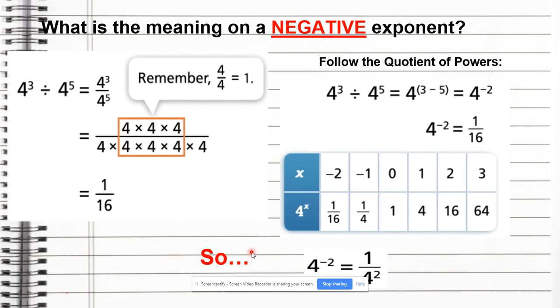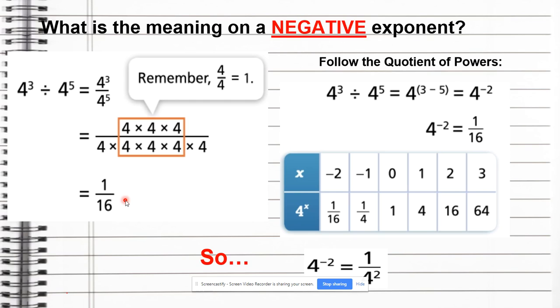Okay? So what is the meaning of a negative exponent? If we have 4 to the 3rd divided by 4 to the 5th, that equals 4 to the 3rd over 4 to the 5th. Remember, we're just taking this division problem with these exponents and writing it in fraction form. So let's expand that further off of what we just talked about.